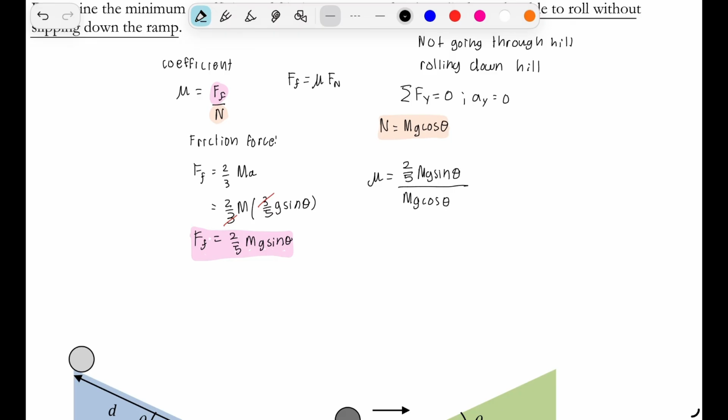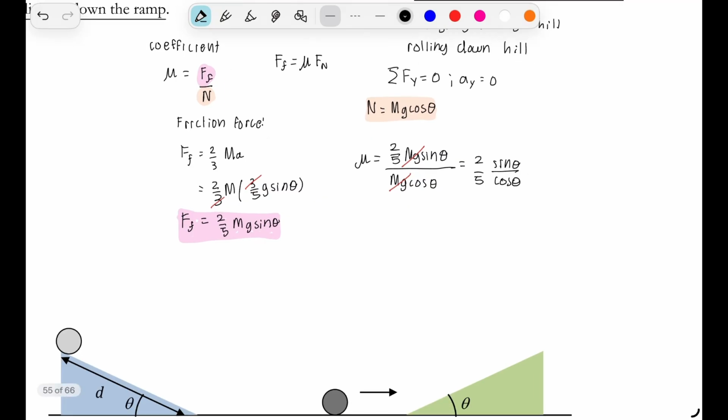Now if you cancel out mg, you have 2 over 5 sine theta over cosine theta. But this is a trig identity, which is tan theta. So you can rewrite this as 2 over 5 tangent of theta is equal to the coefficient of friction.